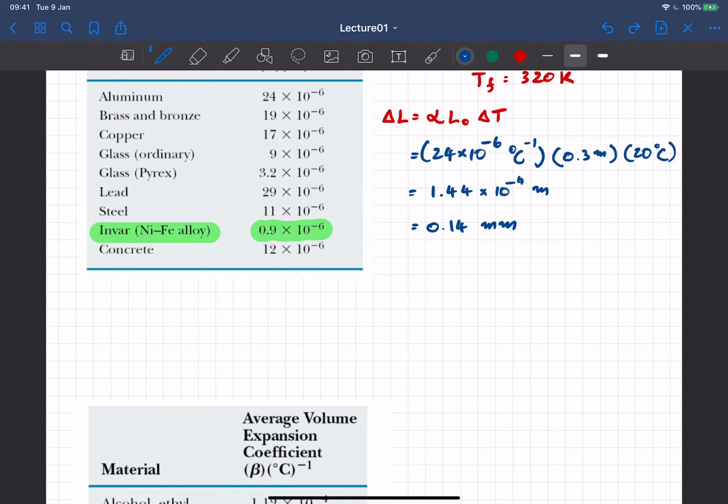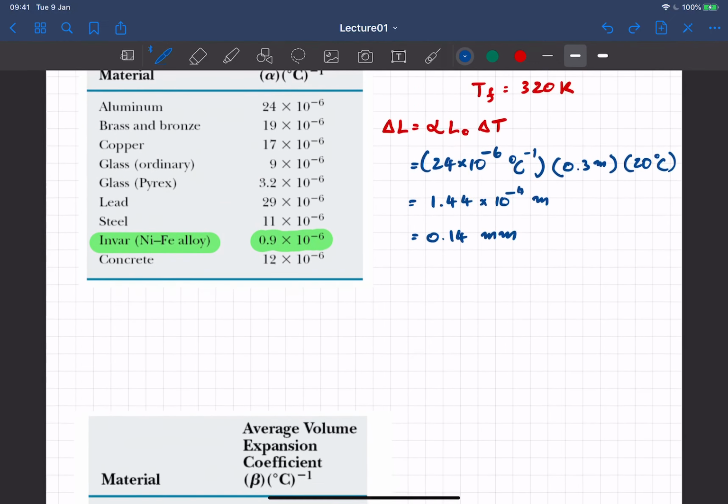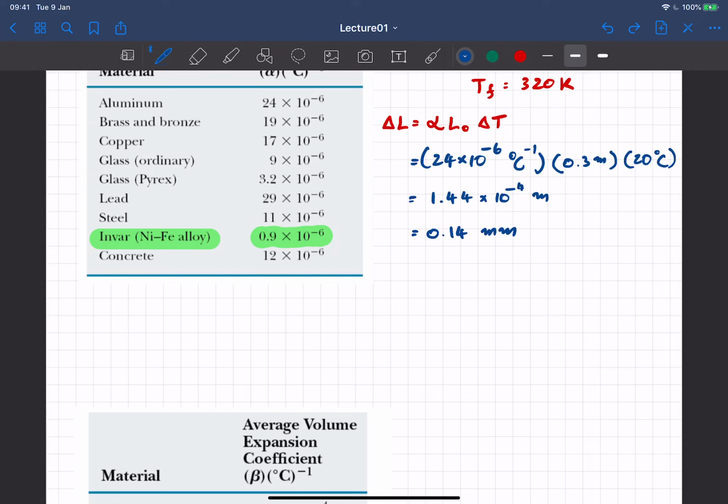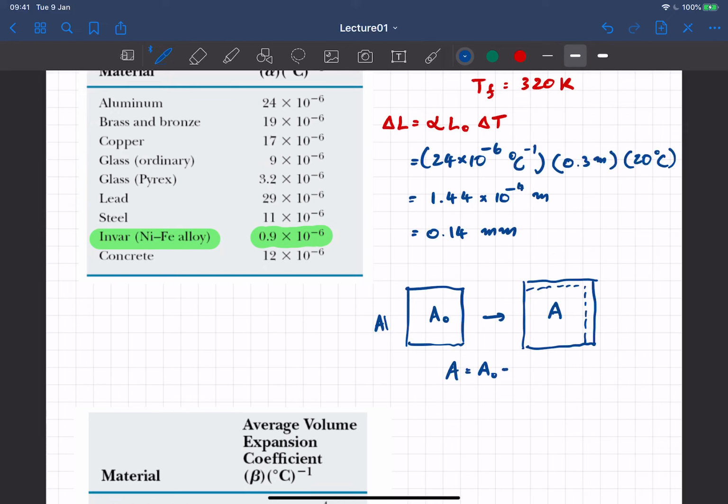But you can ask this question: you have a sheet of aluminum, not a rod, not a wire, but a sheet of aluminum, right? Which has the initial area of A0, and then you heat it up, this thing will expand, so the area will increase. So A is A0 plus delta A.